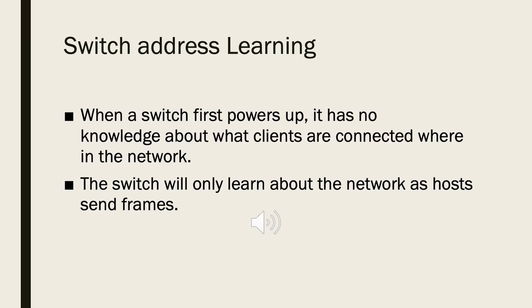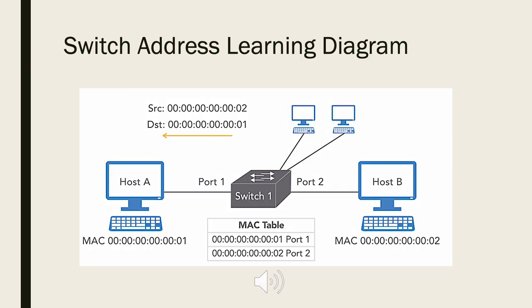When a switch first powers up, it has no knowledge about what clients are connected where in the network. The switch will only learn about the network as hosts send frames. The switch learning process is as follows.